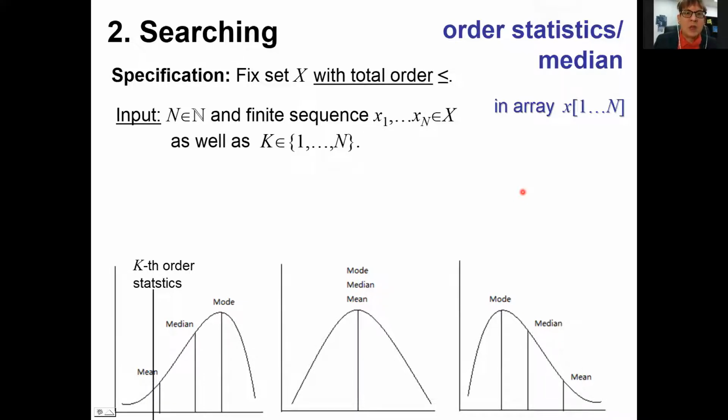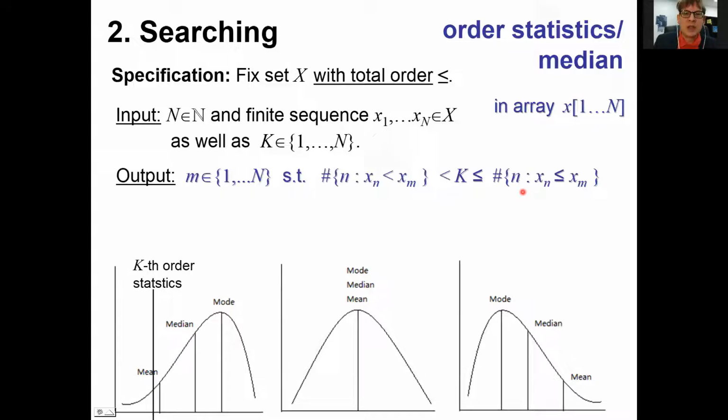So the input is not just this finite sequence unsorted, but also an integer k. And the goal is to output an index for the kth order statistic. And the precise specification, recall our virtues, says that the output should be an index m such that the number of elements smaller than the mth element is roughly k.